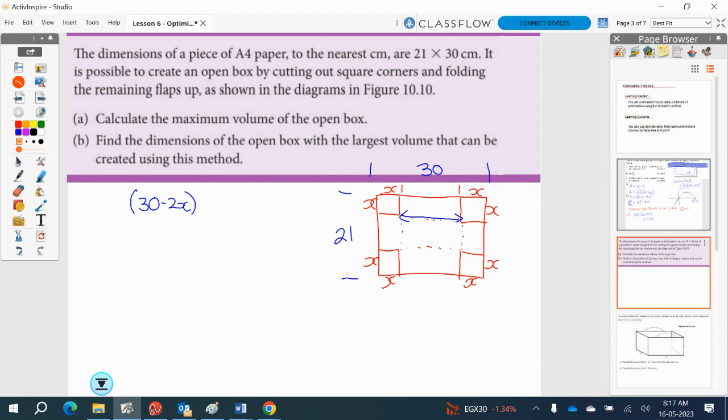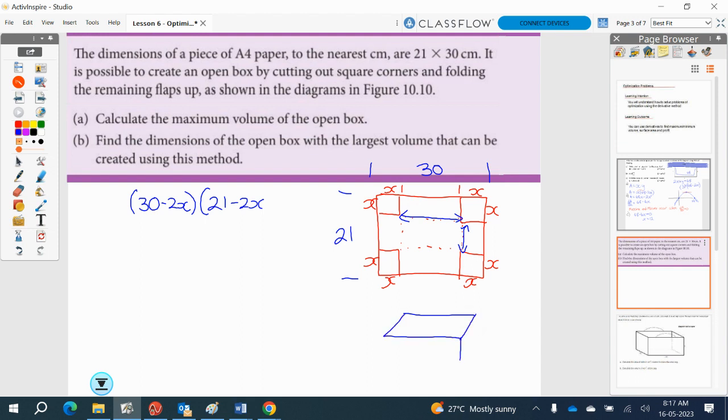Why 2x? Because there are 2 squares. What's the length of this side? 21 minus 2x.